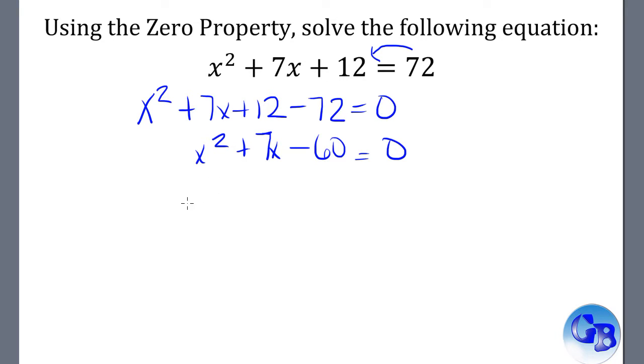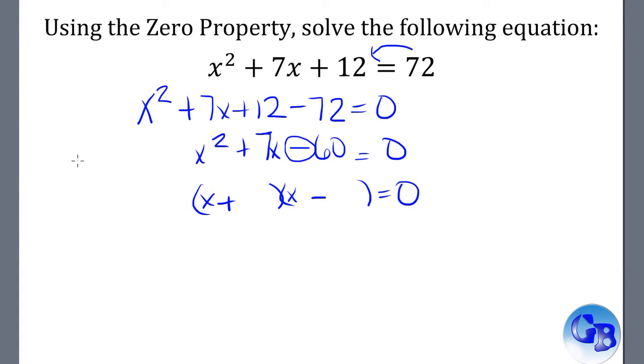So let's look at some factors of the number 60 to see what these last two terms are. Well, we know the first two terms are x and x, and we know that one is negative and one is positive because we are dealing with a negative value here in that final term.